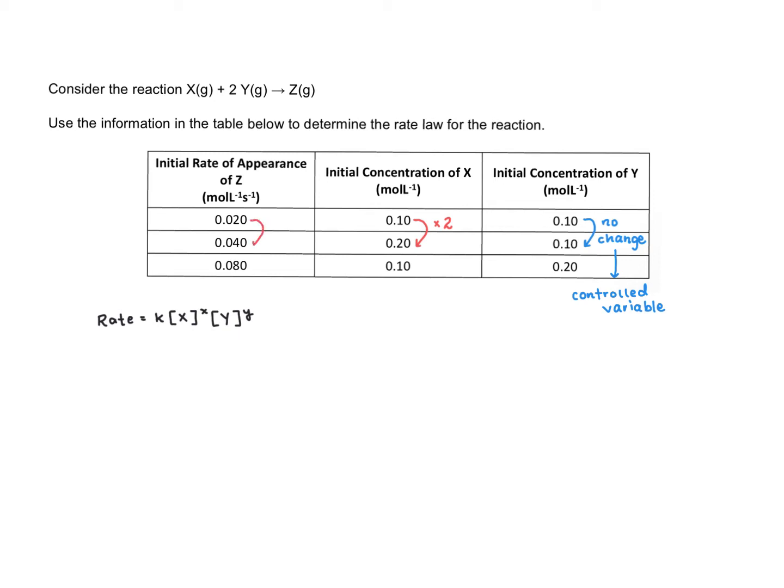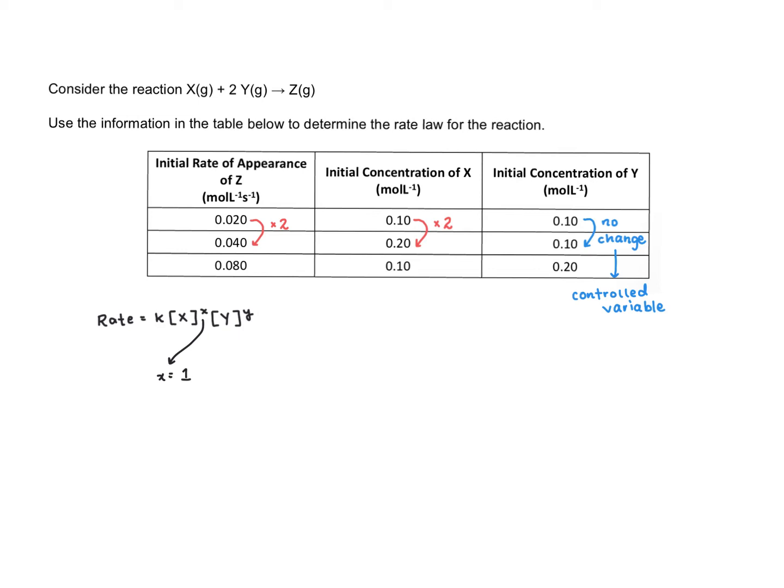So our rate went from 0.2 to 0.4, which is an increase of 2 times. So we see that the increase in the concentration of X and the corresponding increase in the rate is the same magnitude. That implies to us that the exponent x must equal 1.